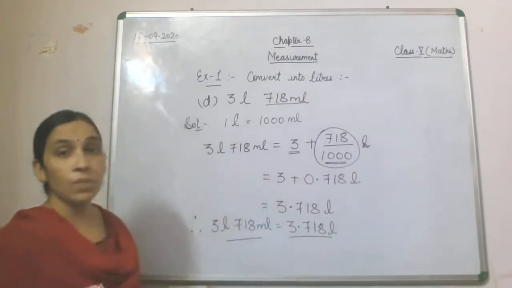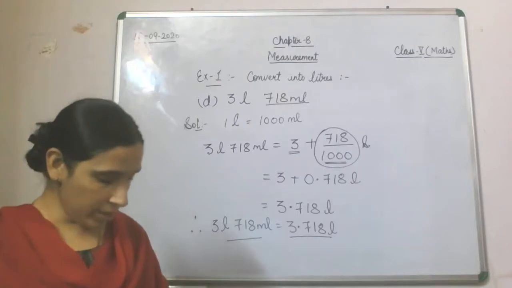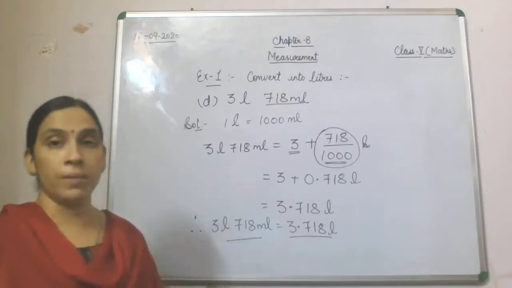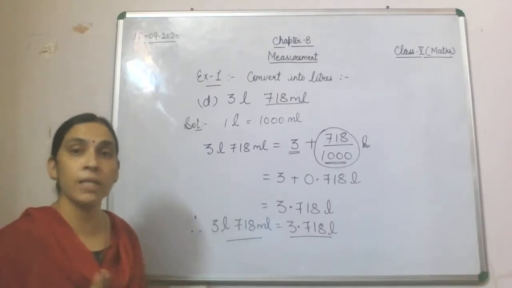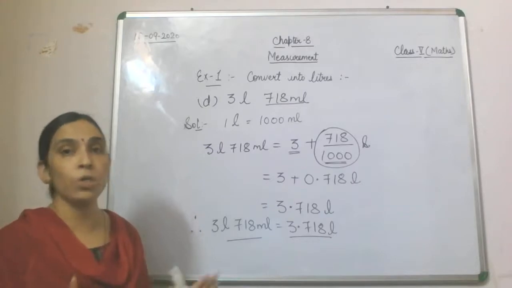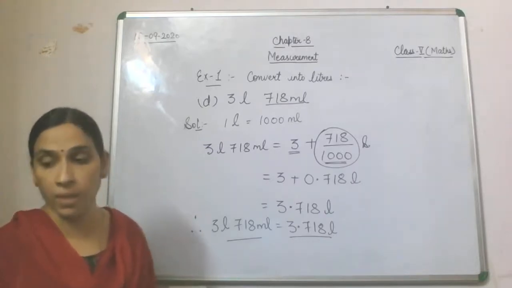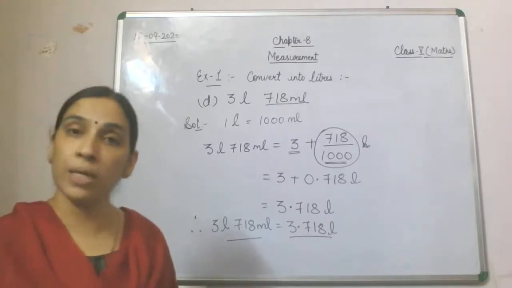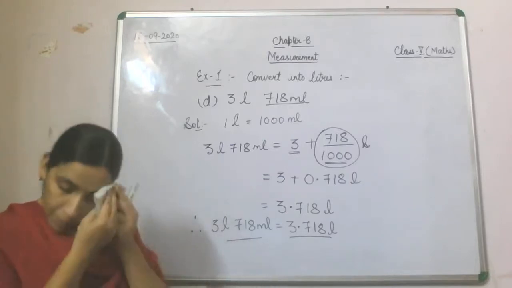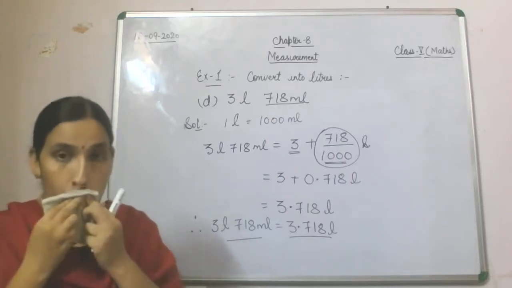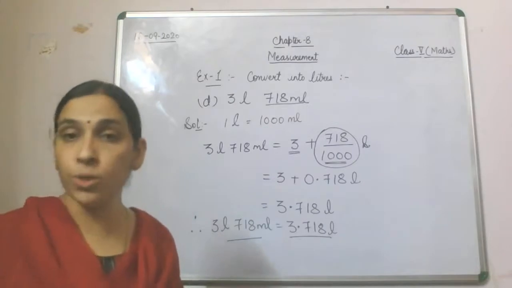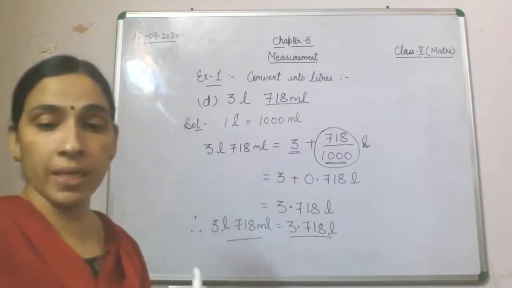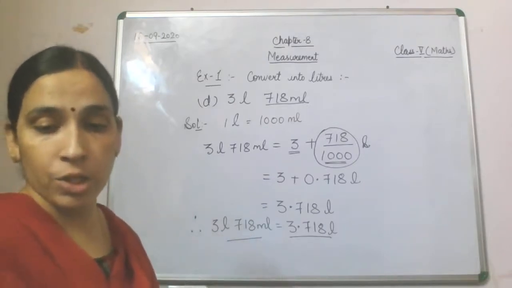The part which is already in the bigger unit, you will not touch. We have done the same in kg and gram also. In weight also we have done this same kind of thing: the part which is in gram is changed into kg, and the part which is already in kg we will not touch.